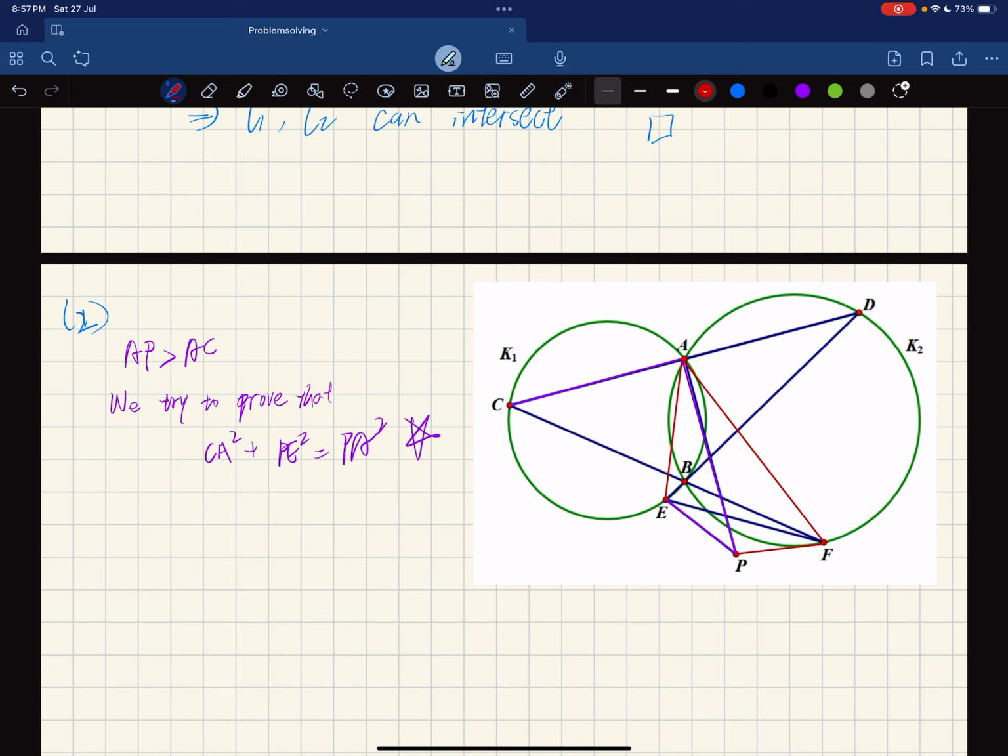Actually, PF is not necessary here when we are finding the clues about AC, but it has some other uses when we are studying the segment PE. So what can we get? What can we get from this picture?